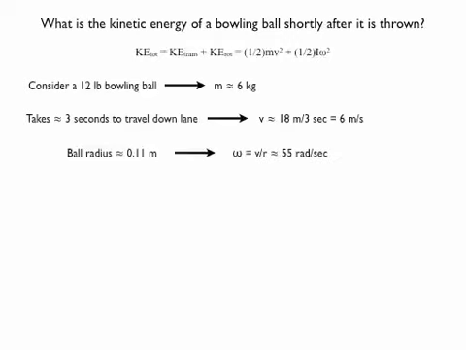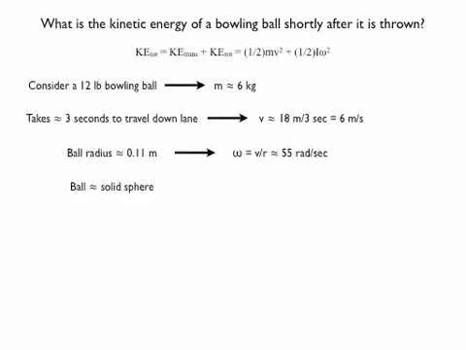And I know from Physics 1 that angular velocity is equal to the linear or tangential velocity v divided by the radius. So if I take 6 meters per second divided by 0.11 meters, I get 55 radians per second as the angular velocity.